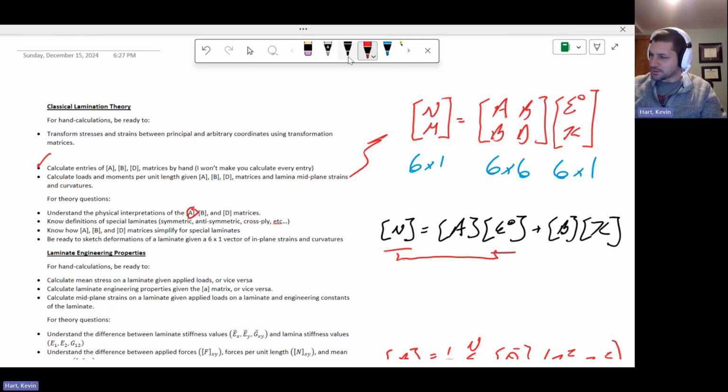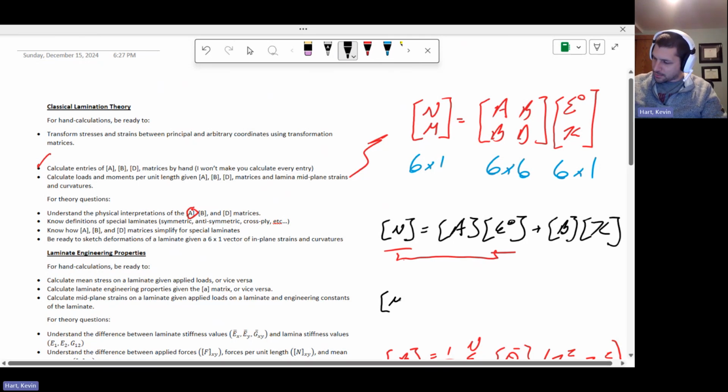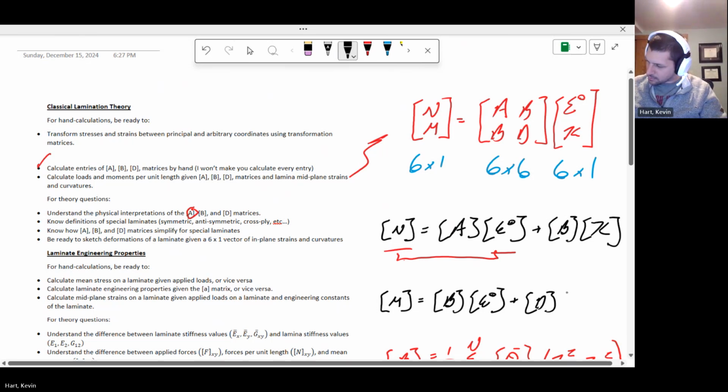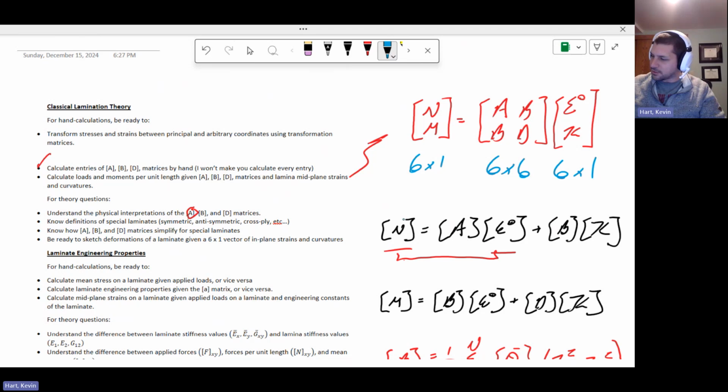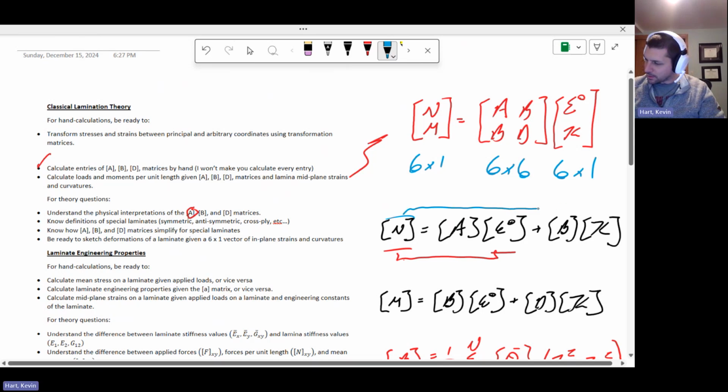The B matrix has two definitions, and it shows up in both the calculation of moment and load. So we have to take a look at that quickly. Here's your calculation for the moments. Okay, so the B matrix, you see two different things. Here, the B matrix is going to relate in-plane loads to curvatures.